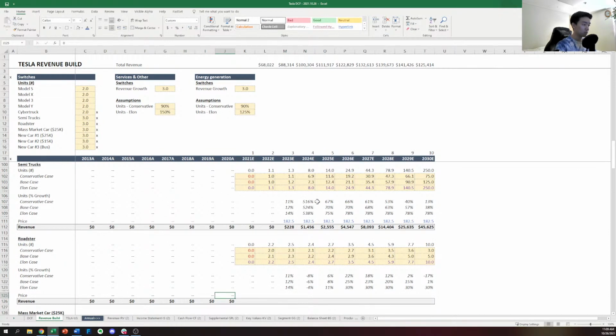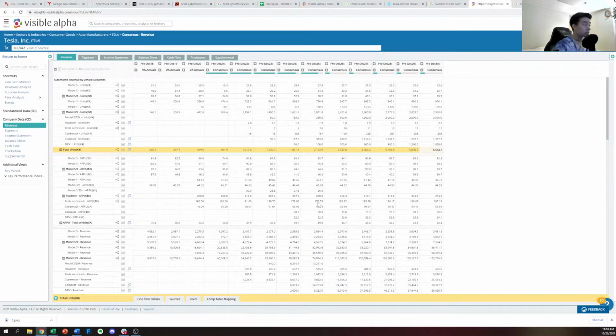Roadster. Roadster is going to be around 210.